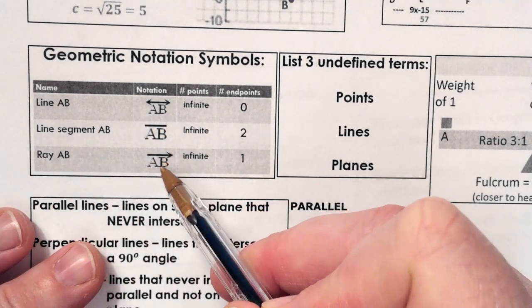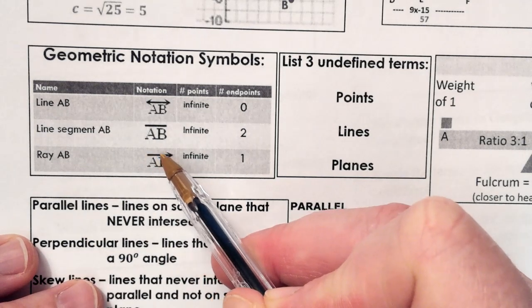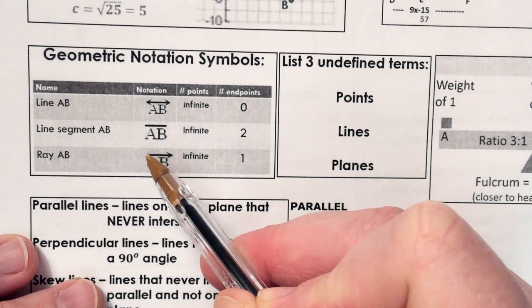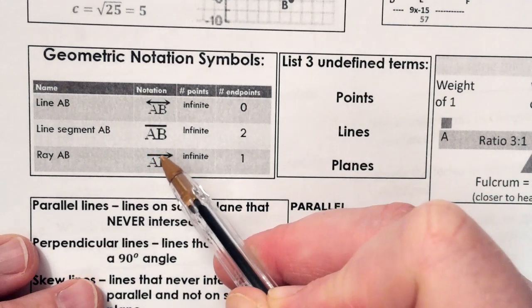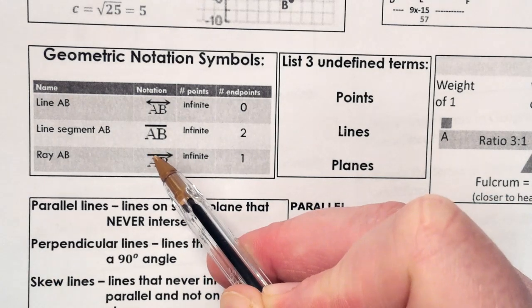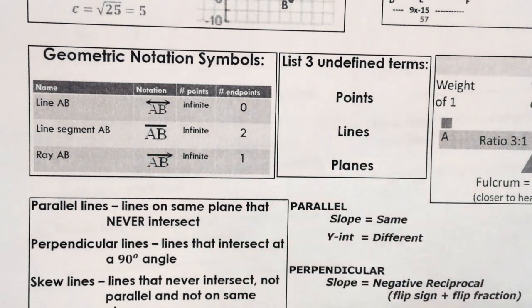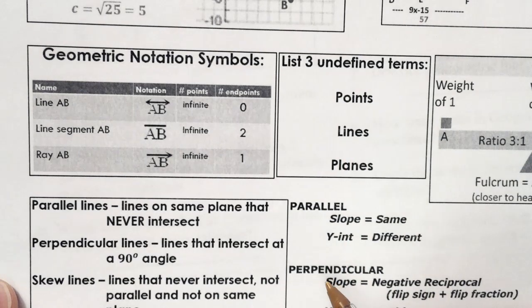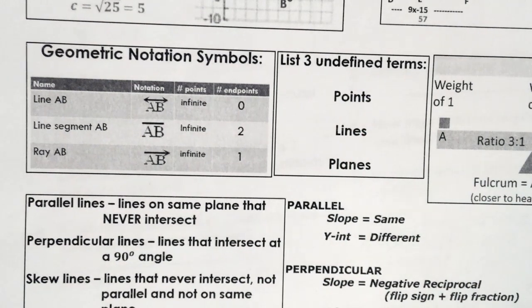And then a ray. So there is a start, but there's no finish. It goes on forever and ever. So 1 endpoint, and how many dots are along here? Infinite. It can be as big as planets or as small as a grain of sand. In addition to that, list the 3 undefined terms. Well, that's points, lines, and planes.